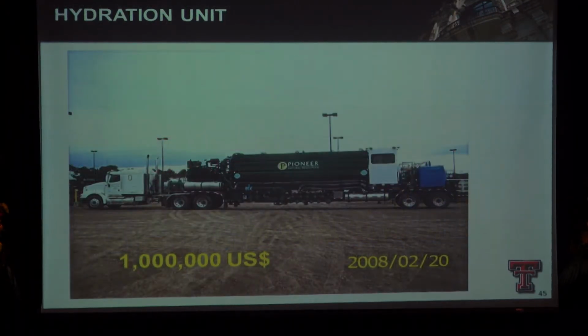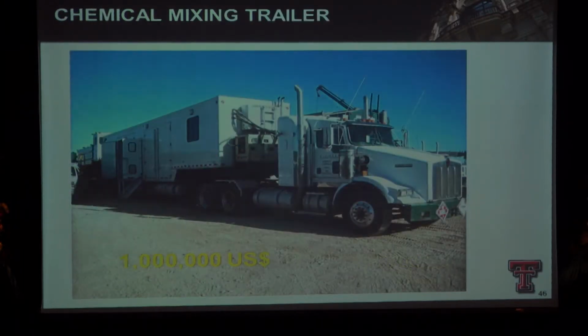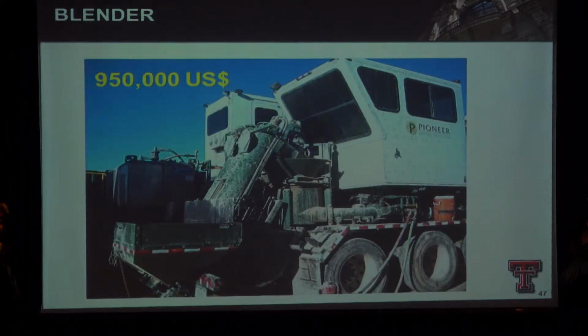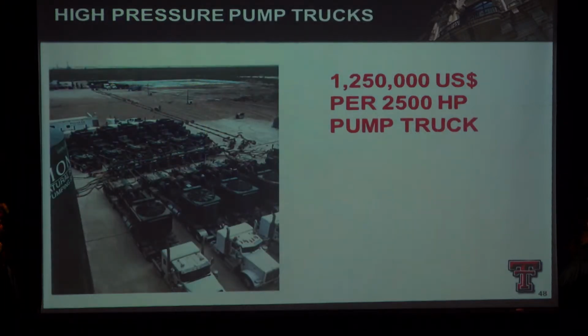Well, the prehydration unit that hydrates the polymers, you're looking at $1 million. The chemical mixing trucks, about $1 million. The blenders, you need many of those on location to blend all those fluids and sand. Those are almost $1 million a piece. Each one of these high pressure pumps with a tractor trailer attached to it is $1.25 million US.